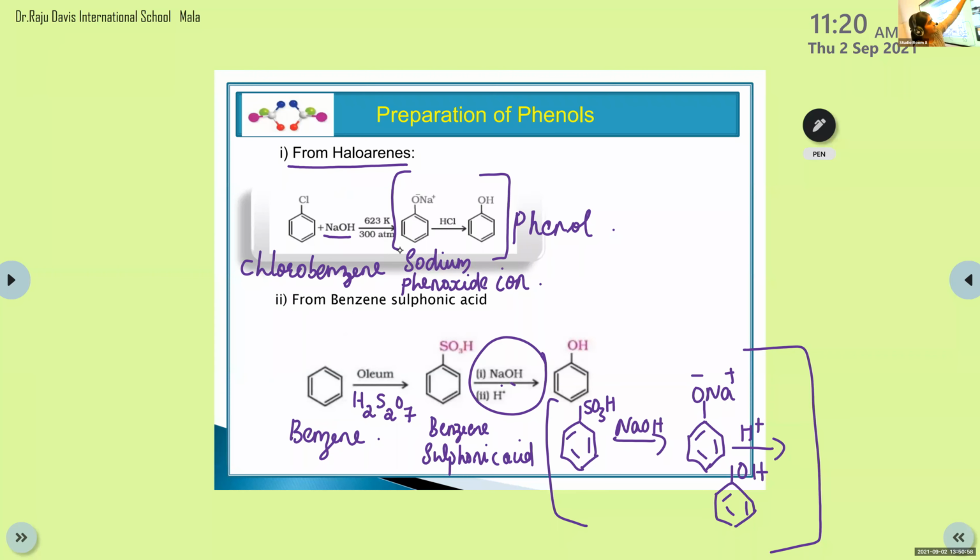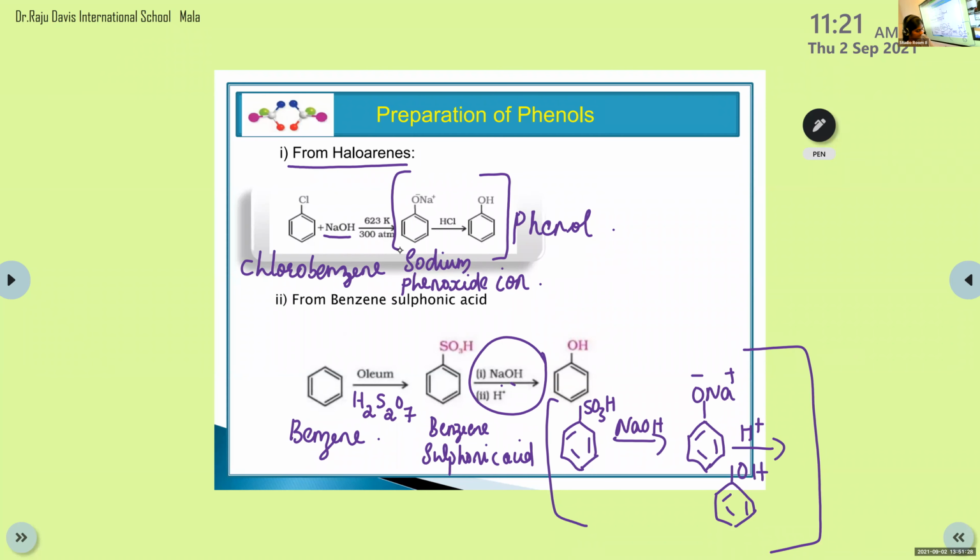Can you please read this portion from the textbook, page number 332, preparation of phenol from benzene sulfonic acid, then it will be more clear. Achud, can you read? Benzene is sulfonated with oleum and benzene sulfonic acid so formed is converted to sodium phenoxide on heating with molten sodium hydroxide.